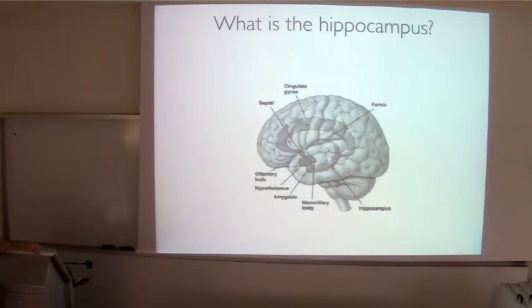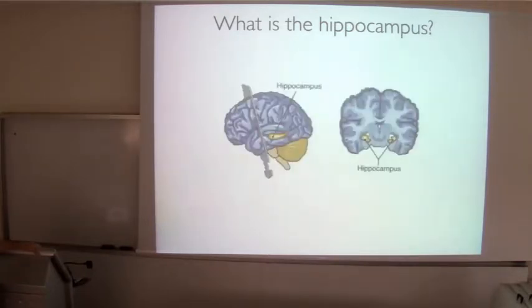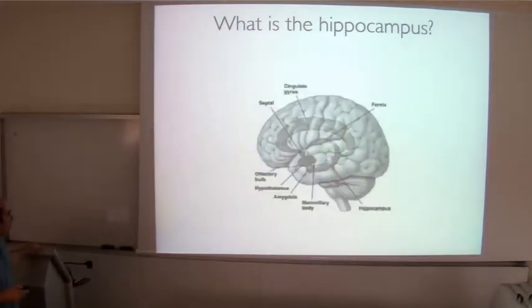So this is what it is in the human. It's not extremely big in the human. That's one of the things that I was trying to figure out, but I didn't find good resources about it.